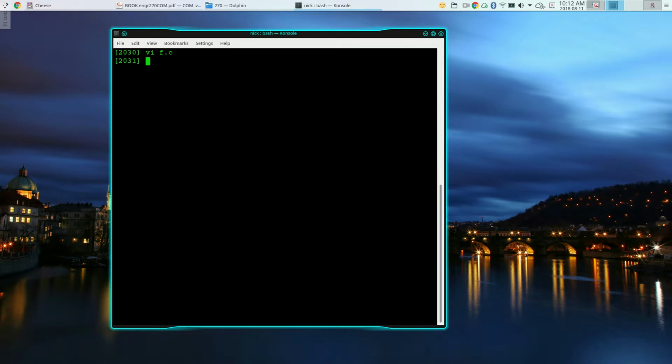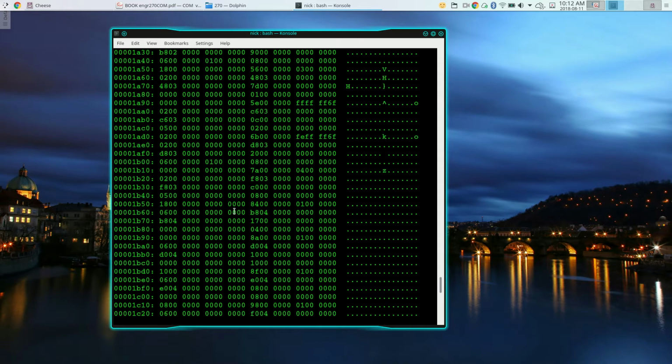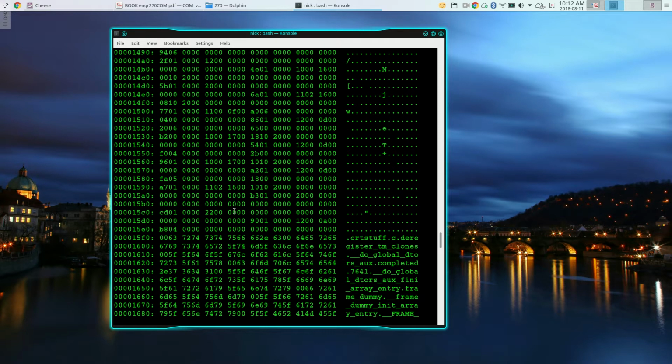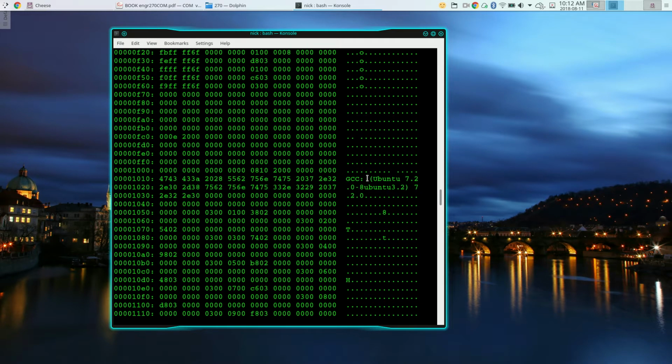And I'm going to compile that. And that gives me an executable program, f. It doesn't do anything, it just assigns a value. But there's a function called xxd, which will let me look at the contents of this executable program f in hex, and will also print out printable characters over here.